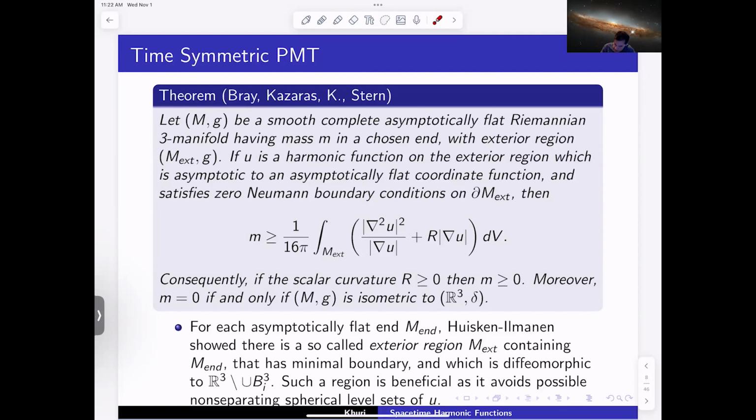And in the rigidity statement, we do obtain that the manifold is Euclidean. And the heuristic here, the idea is that when the mass is 0, we essentially have a 0 Hessian. And Hessian vanishing splits the manifold a la the Cheeger-Gromoll splitting theorem.